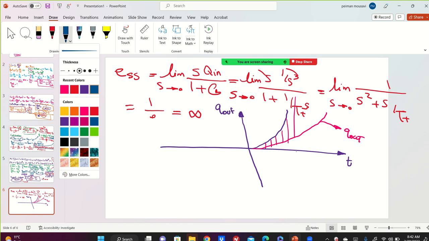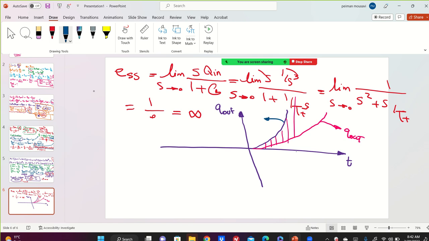This is Q in. Here we go. And this is the error signal, guys.